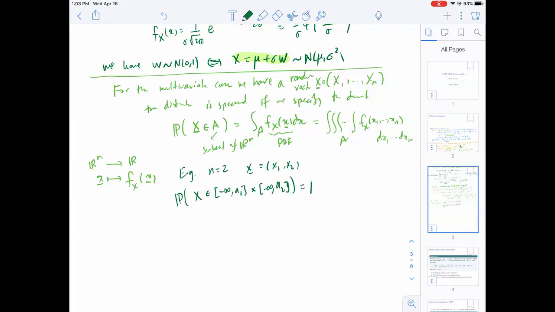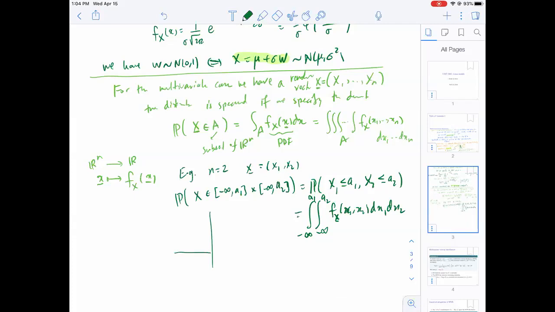This is equivalent to saying the probability that x1 is less than or equal to a1 and x2 is less than or equal to a2. This would be the integral from negative infinity to a1, negative infinity to a2, of f_X of x1, x2, dx1, dx2.